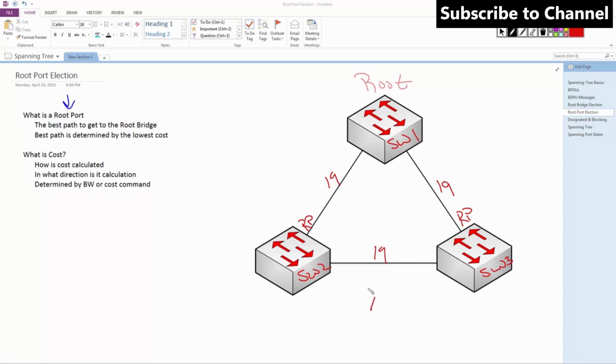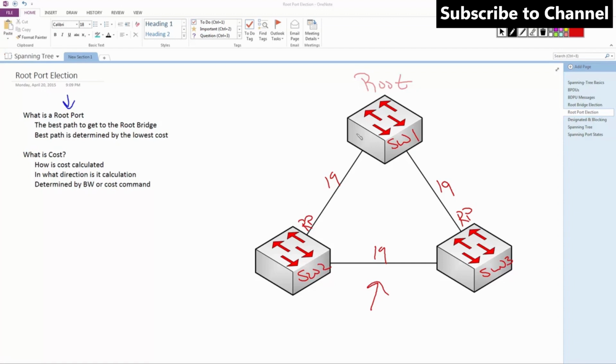Okay? And the only link that we have left is this one, which we're going to talk about in a minute. So now we have to understand a couple things. On our root bridge, we will always have our ports as forwarding ports. Every other switch will always have a root port, a port that gets us closest to the root bridge, the fastest path to get to the root bridge.